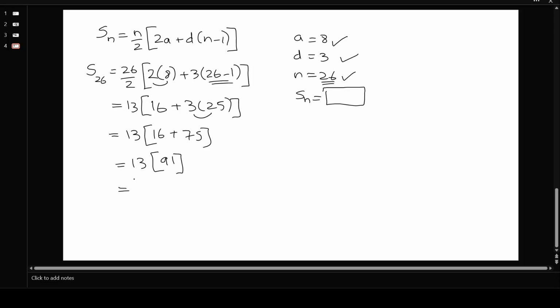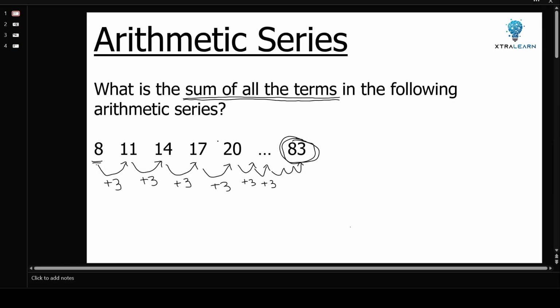And finally, 13 multiplied by 91. Let me just grab my calculator. It turns out that 13 times 91 is 1,183. And that is the sum of the first 26 terms. It's the sum of all the terms in this series.